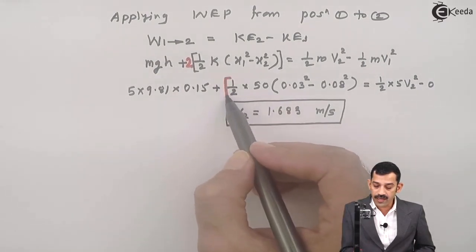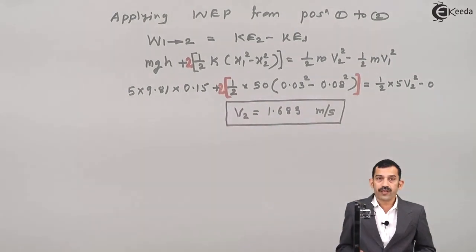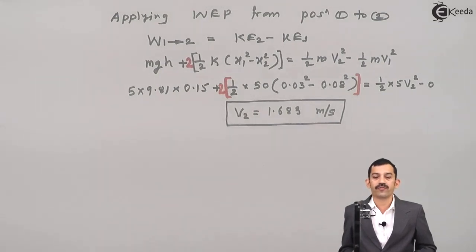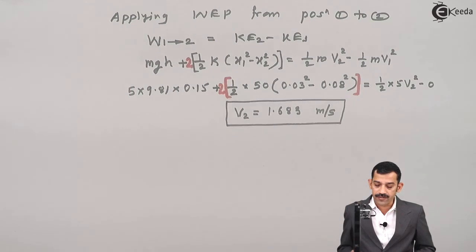Similarly here, the same work done by spring force must also be multiplied by 2. The number of springs in some problems may be 3, so we multiply by that number of springs, provided the k value, initial deformation and final deformation are the same. Otherwise, for each spring we have to write these values separately: half k times initial deformation square minus final deformation square. As the number of springs is 2, if you multiply by 2 here, we will get the correct answer, and the velocity of this ball when it falls through 15 centimeters comes out to be 1.683 meters per second.